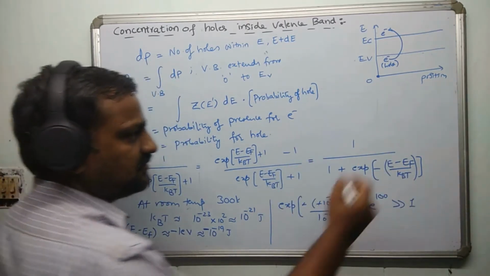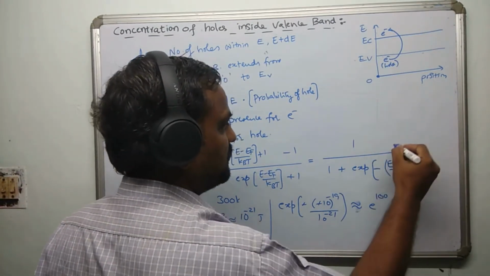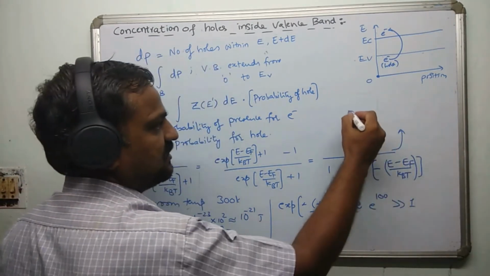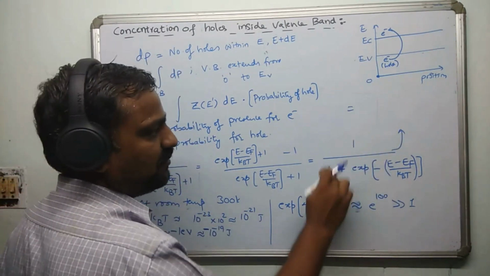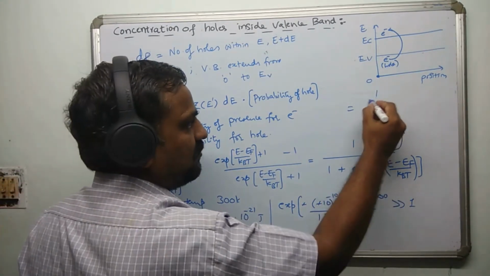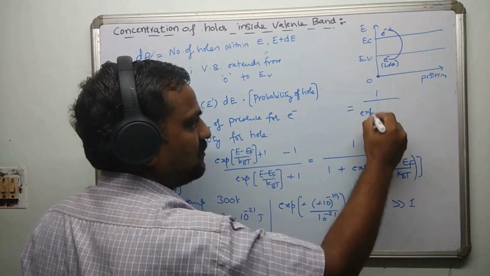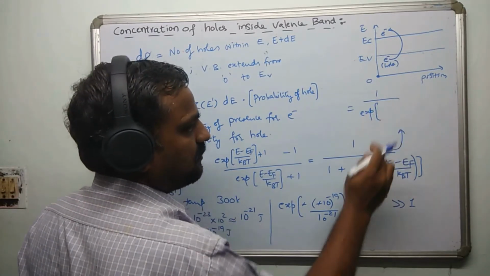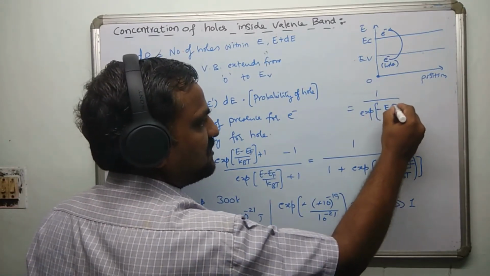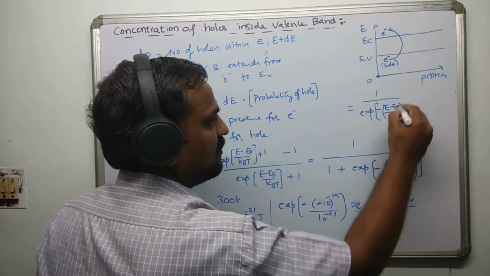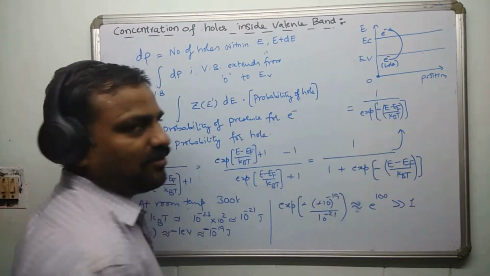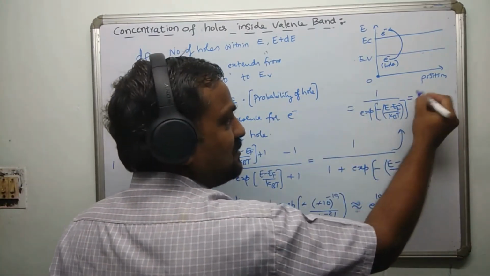So therefore this term, let me write it here, as I don't have space, I will erase it in a moment. So this term is going to be just 1 by e power this. So 1 by exponential of minus (E minus EF) by kBT, right? Or as it is 1 by e power minus x, you can simply write it as e power x, right?